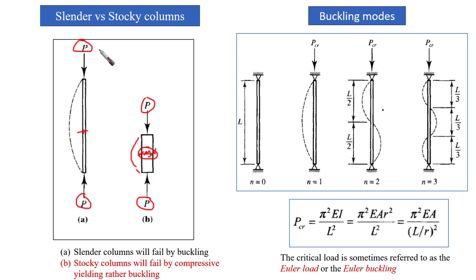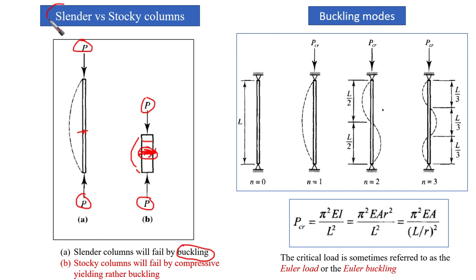So the failure mechanism of a slender column is different than that of a stocky column. The slender column fails due to buckling. However, the stocky column fails by compressive yielding. At any section it is going to yield first, and then the material is not going to withstand the loads applied on it.